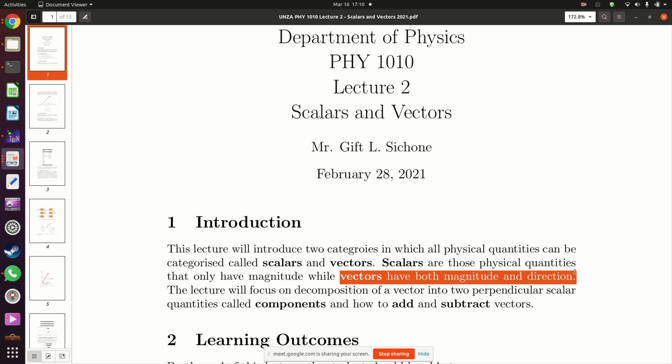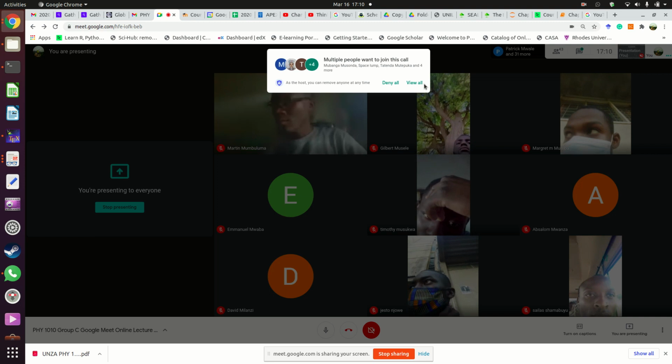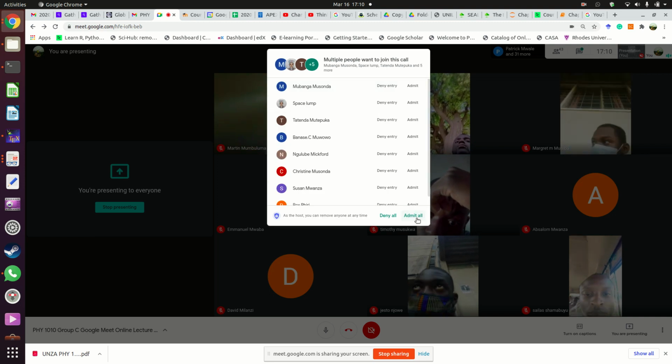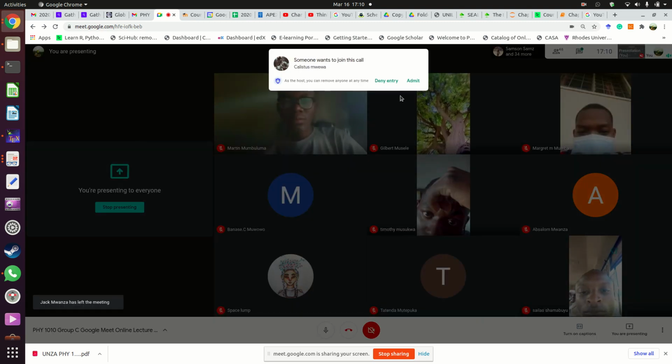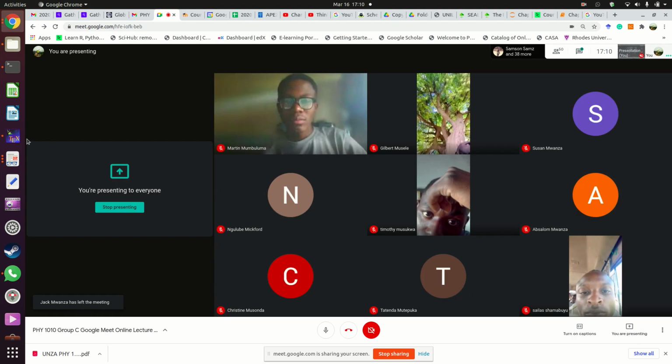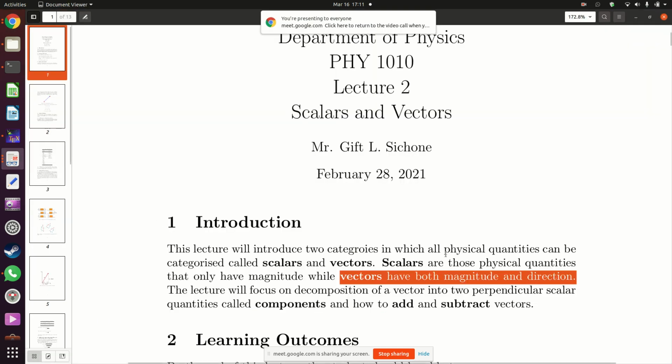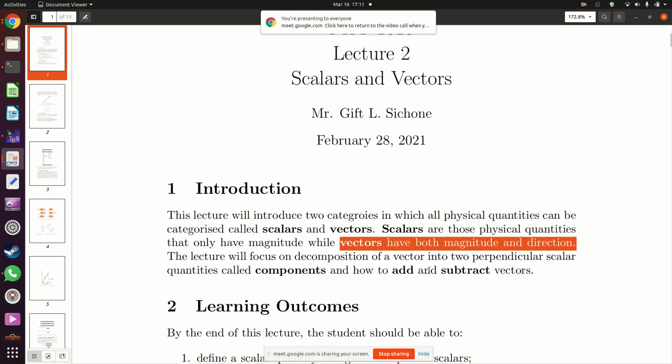So any physical quantity which only has got size, we classify that as a scalar, and the other physical quantities which have got size and direction, those we classify as vectors. Another example, as we're going to see, is distance.